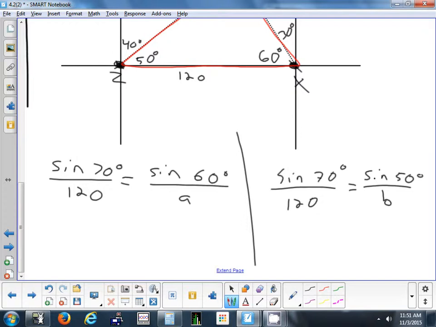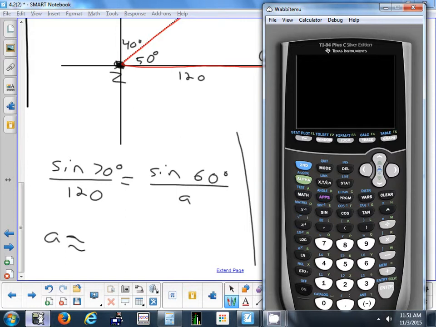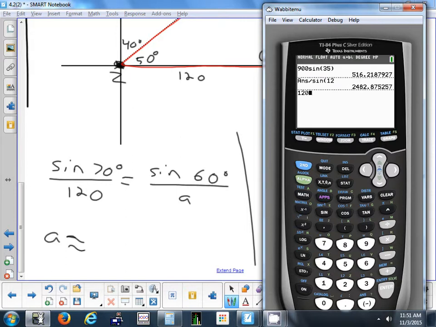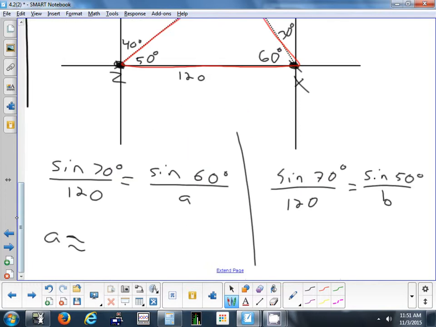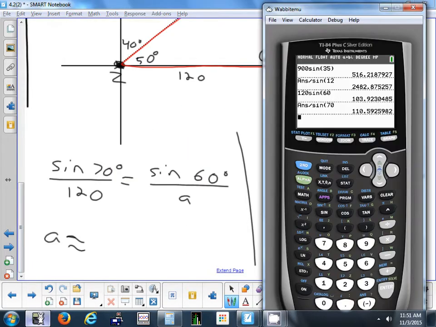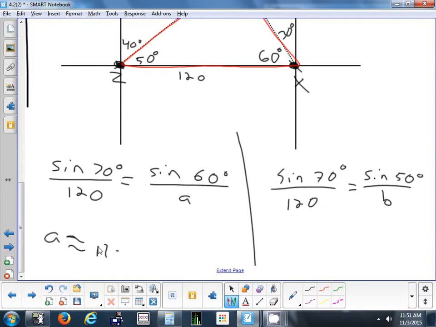And now it's just the tedious part. We've got to type all of it in. So for A, we're going to get 120 sine 60, and divide by sine 70. So the distance here is 110 miles from Z, or whatever A is, from Z to the boat. 120.6, 110.6.